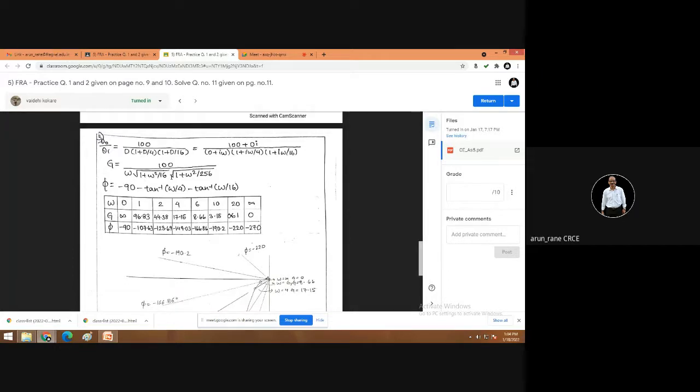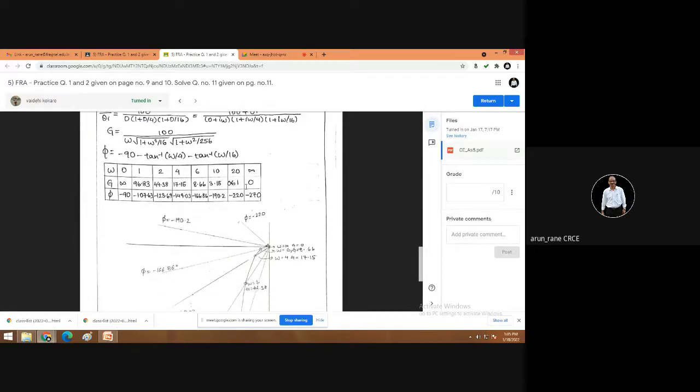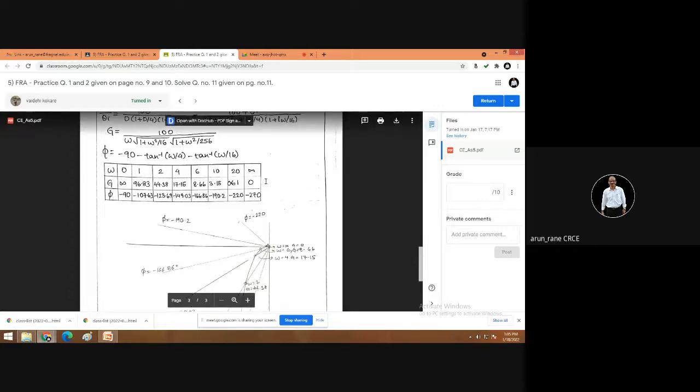Now phase angle. Here this is 100 plus 0 i, so 0 upon 100, so tan inverse of 0. Omega upon 0, so tan inverse of infinity, that is minus 90. Here tan inverse of omega by 4, and here tan inverse of omega by 16. Now take various values of omega from 0 to infinity.